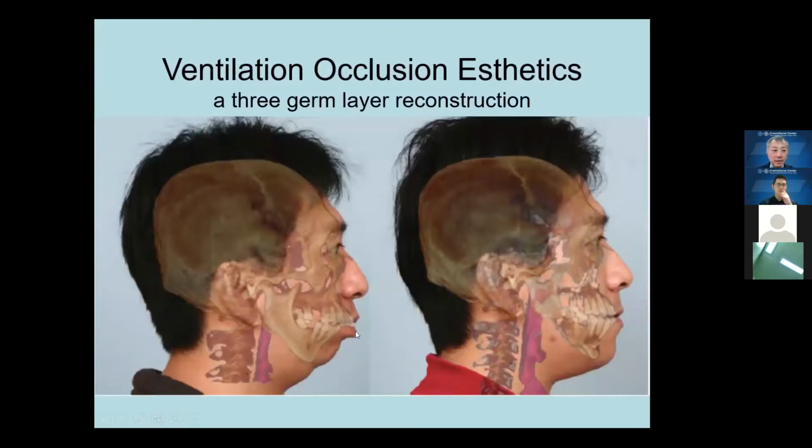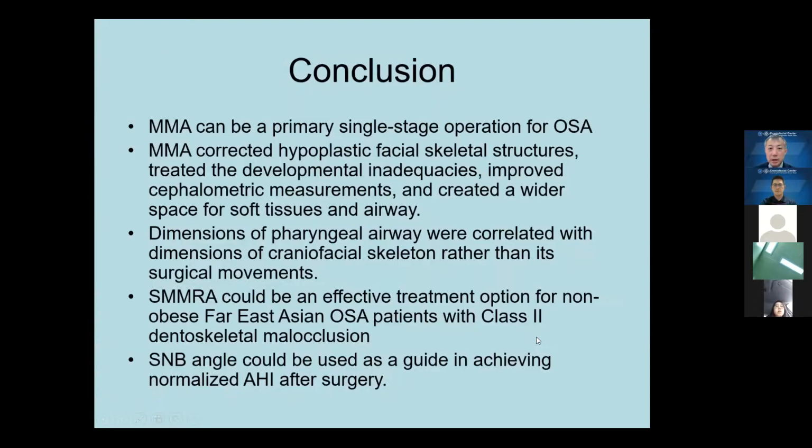So basically, this type of surgery is for the ventilation, the occlusion, and the aesthetics. After surgery, they can have a good skeletal framework. The occlusion is improved, and the pharyngeal airway is also enlarged.